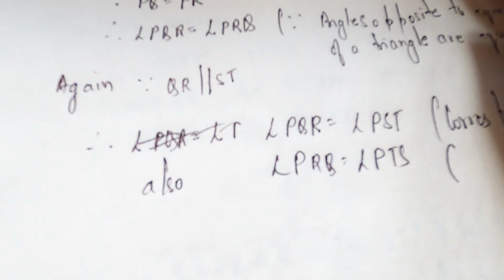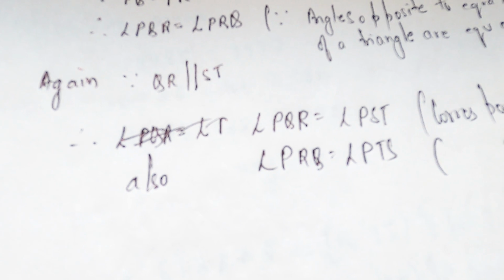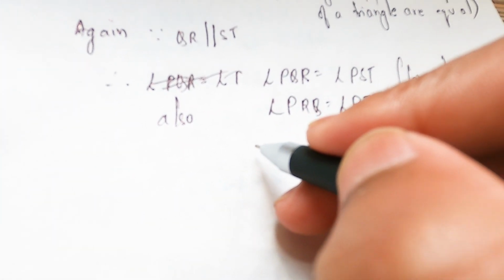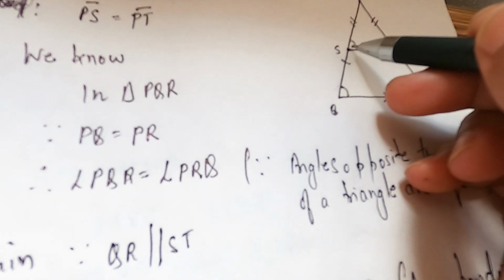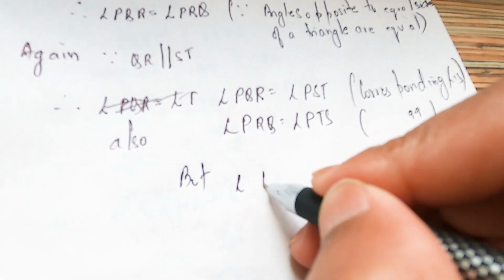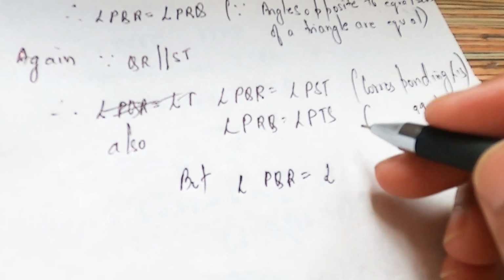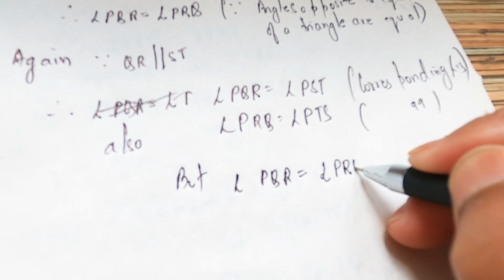All right, now next, we have to prove that angle S is equal to angle T, but angle PQR is equal to angle PRQ.